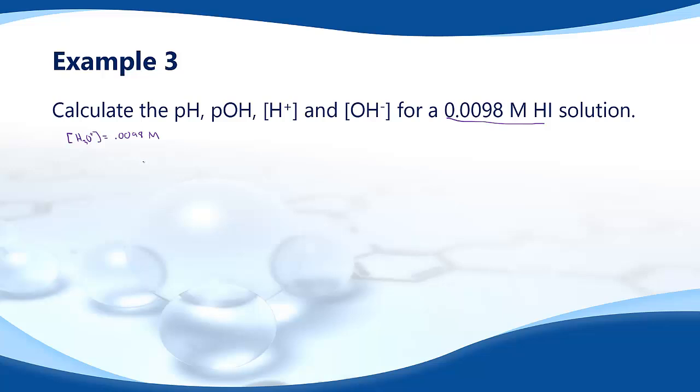From there, we have a couple of different options. We can either go from H3O plus to OH minus, then the pOH, then the pH, or we can do pH first.